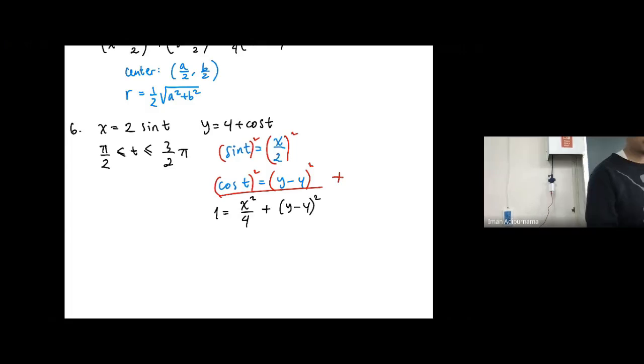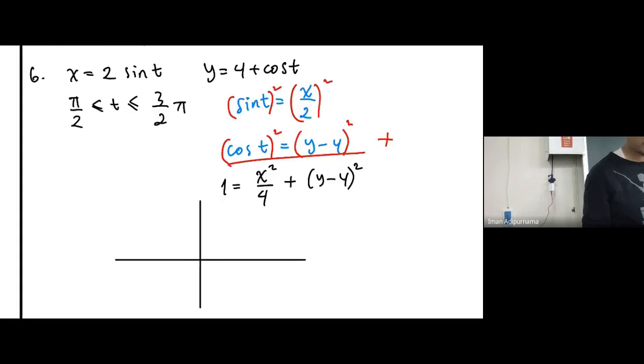So what you need to do, you can put it here. Maybe 4 is here. Let's say this is 4. And the bottom one will become the distance. So this should be 1, 1. And then 2 here, the x 1.